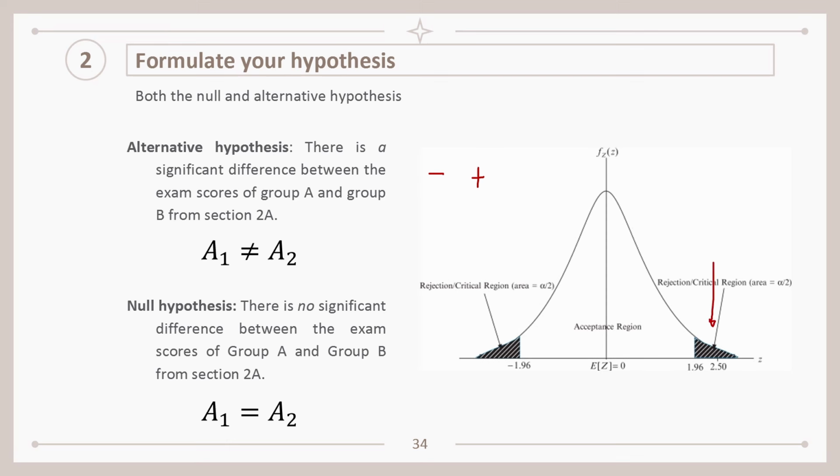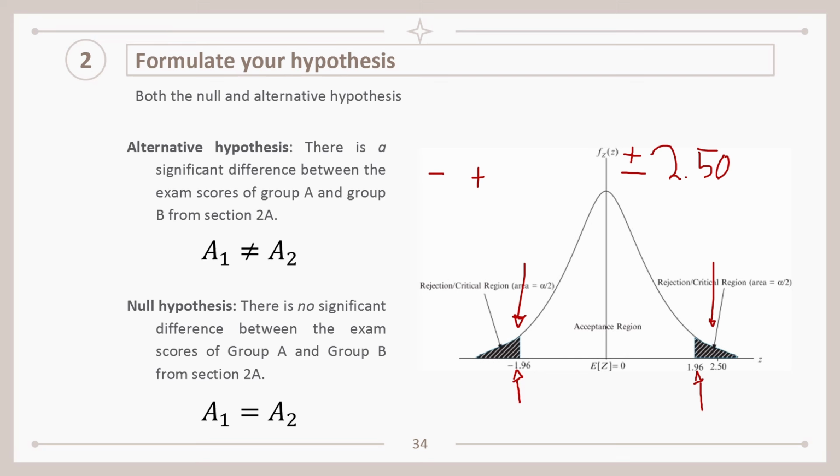Let's say your computed test statistic is 2.5 and your critical value is 1.96. It doesn't matter if your 2.5 is positive or negative because you have tails, areas of rejection, on both sides of your bell-shaped curve.